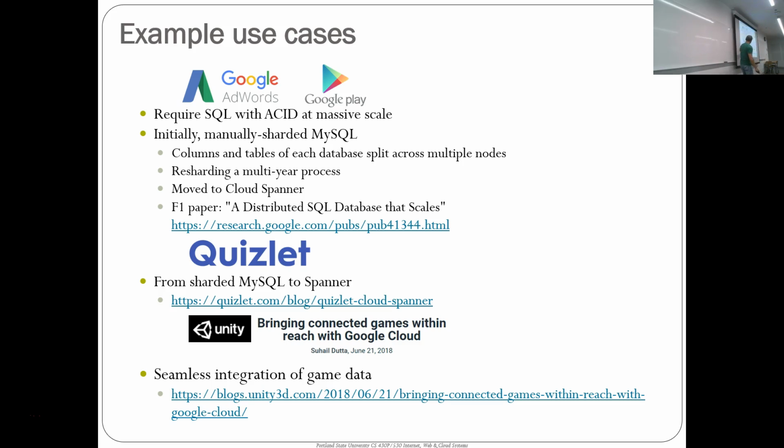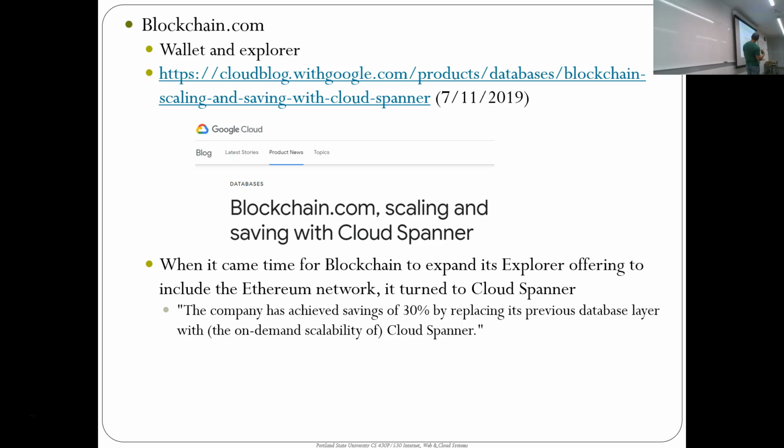Okay, so this is an article if you want to see exactly what the motivations are for people that are doing this. So another example is blockchain.com. So if you know the blockchain, it's an enormous sequential log of transactions, and you actually want to query that thing.